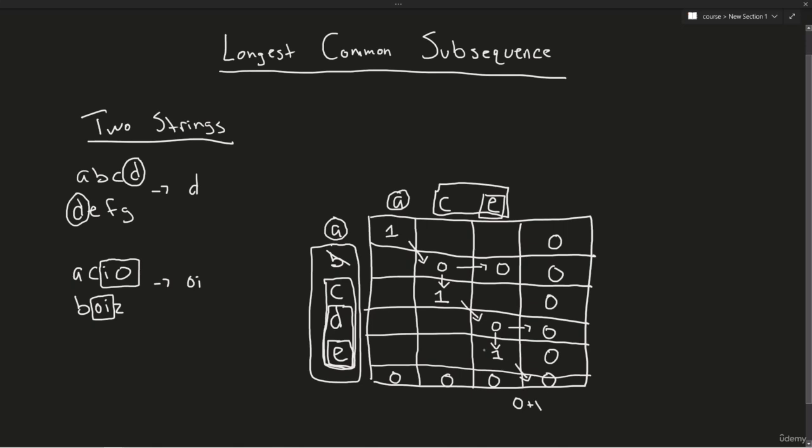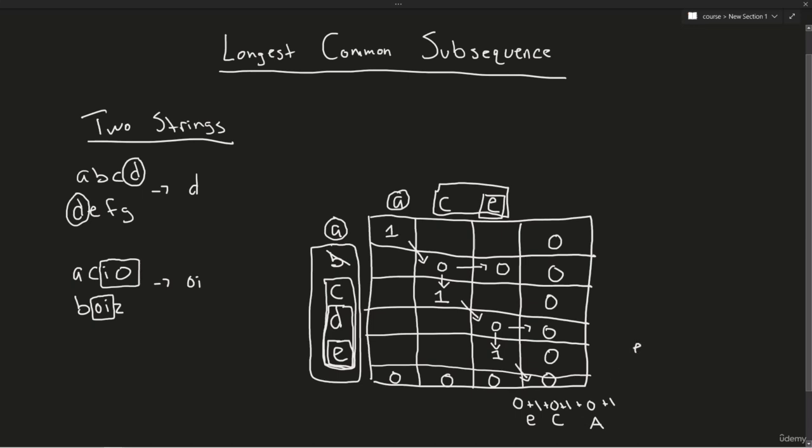So we go 0 plus 1, so this would be our E. So now that we're here, we go up, we see that we have a 0, now we're going to go back over to our 1, which is going to be our C. So that would be another 0 plus 1. And then we're going to move up 1, which is going to be a 0, and then we're going to move diagonal 1, which is going to be our last A.